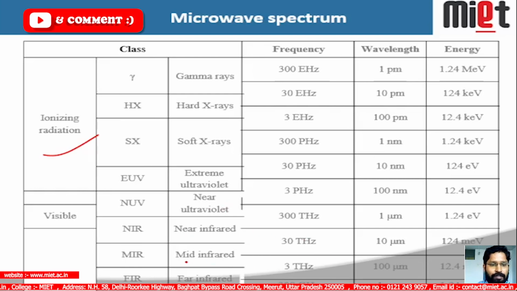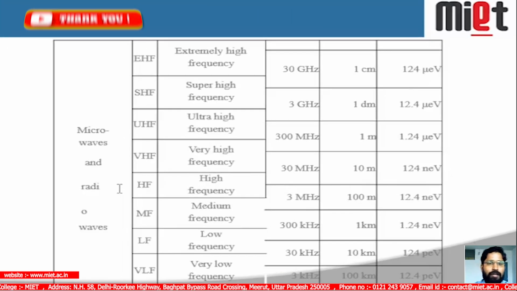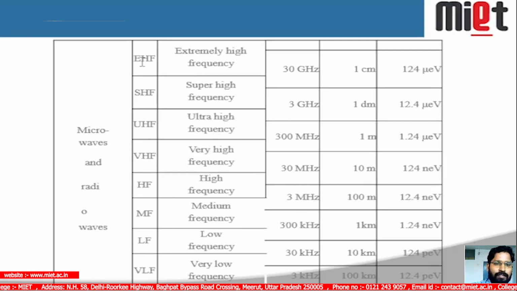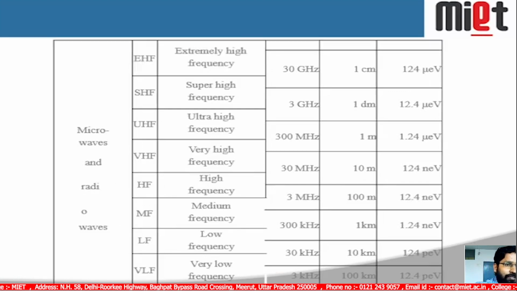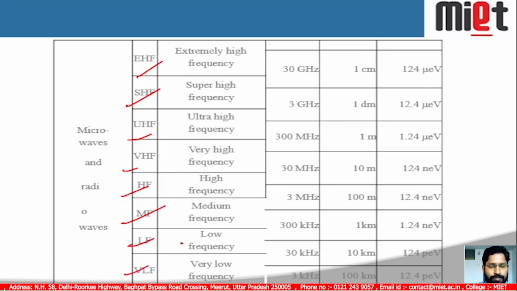After that, we have extremely high frequency, super high frequency, ultra high frequency, very high frequency, medium frequency, low frequency, and very low frequency. These frequencies are given here.